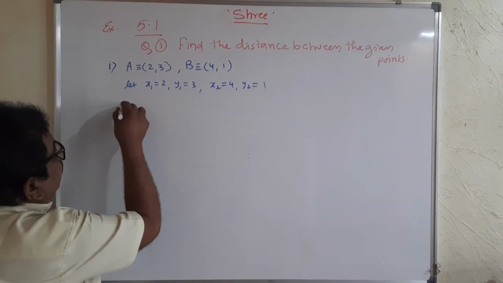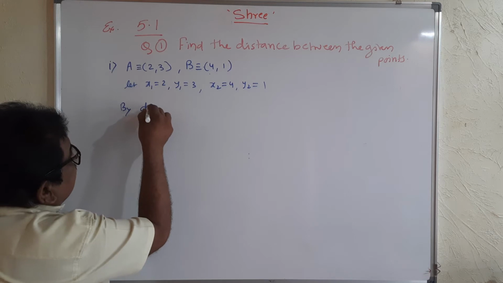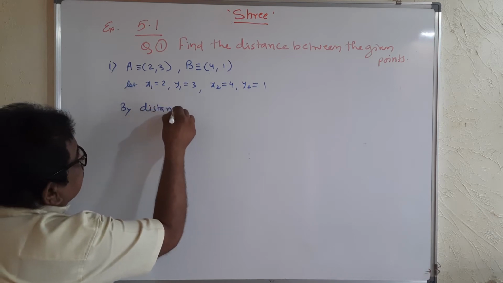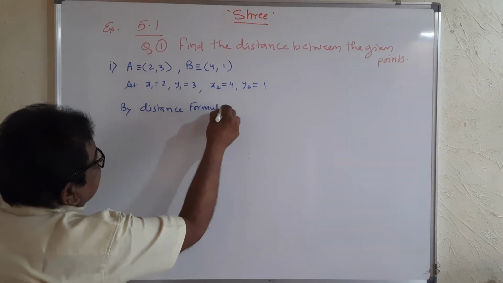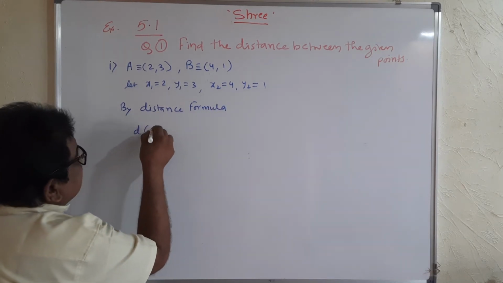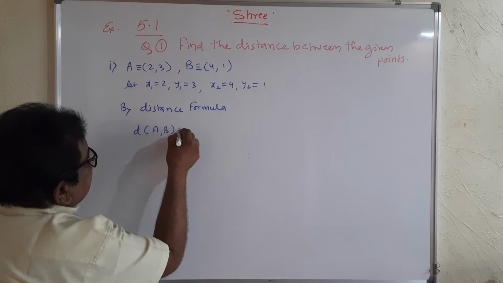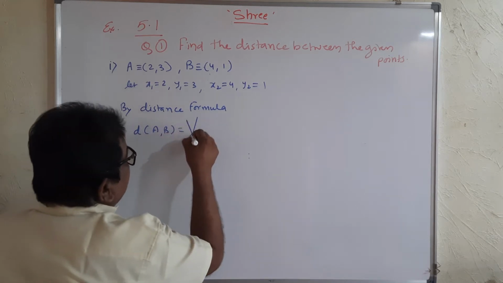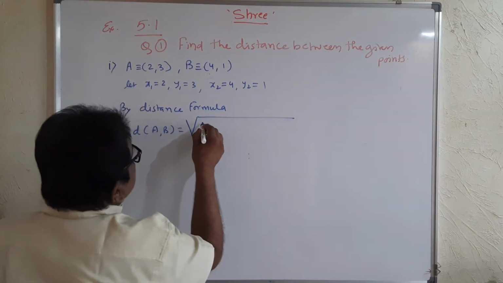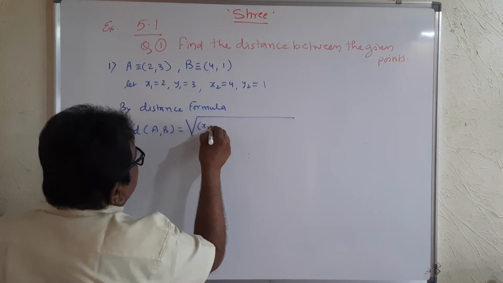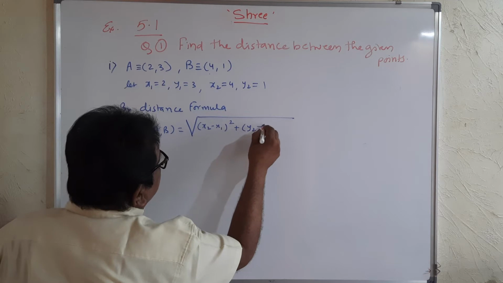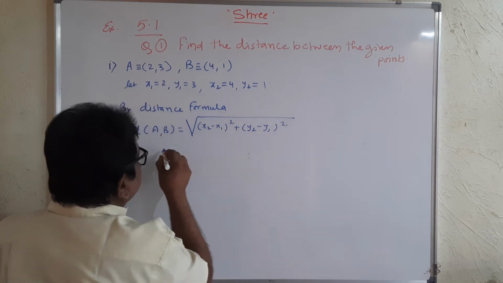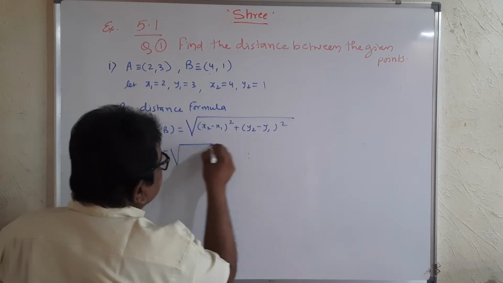You have to write by distance formula, distance AB is equal to under the root x2 minus x1 the whole square plus y2 minus y1 the whole square.